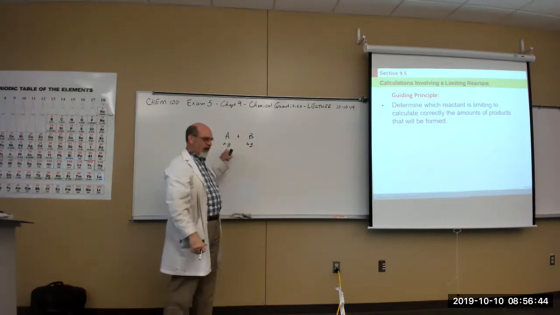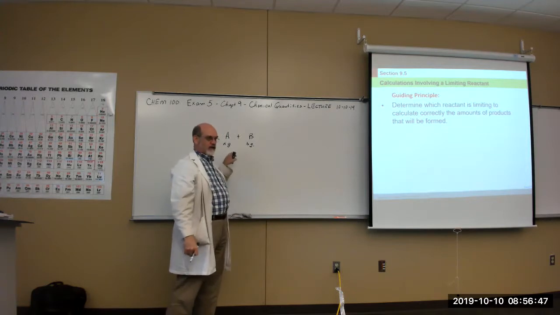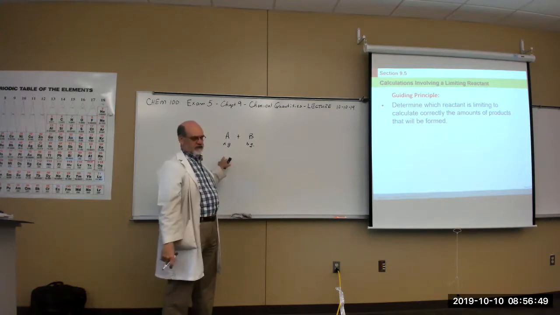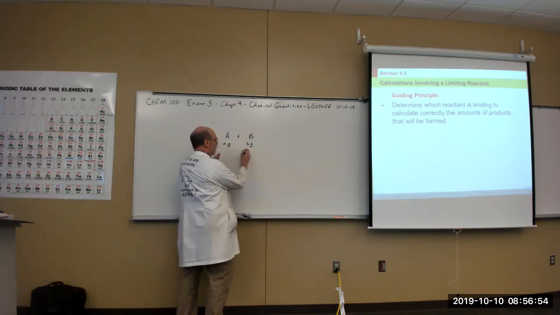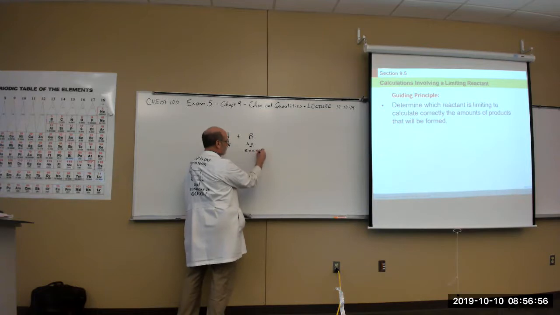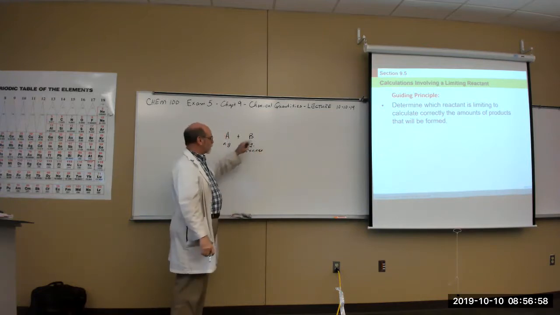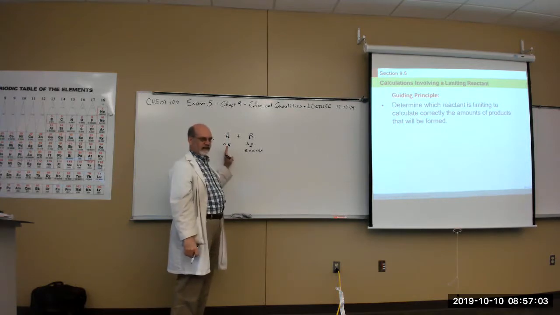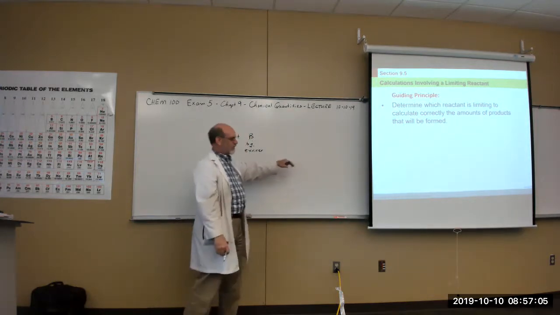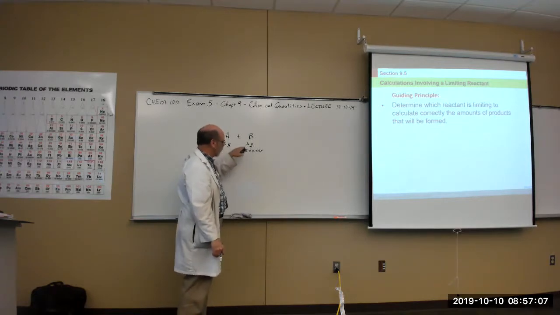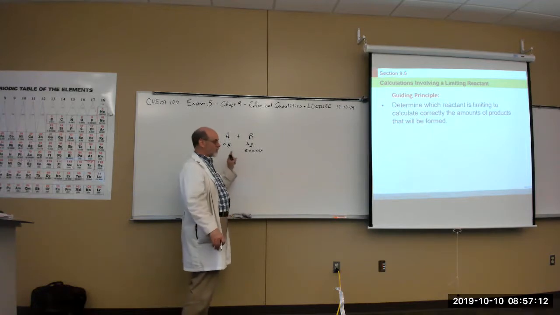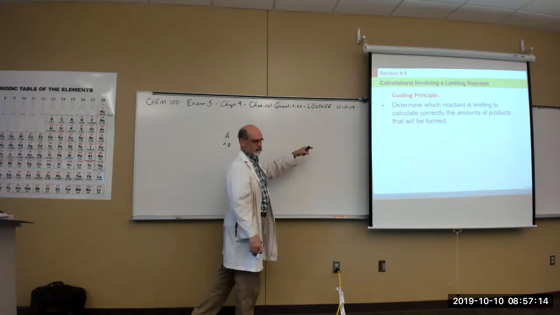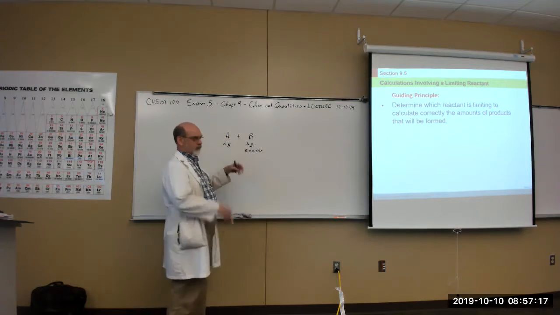If you're given 2 absolute values for each one of these, you can be pretty sure one of them is limited. If it says so many grams of A is reacted with excess, then you're off the hook. You got plenty of this one. You just need to focus on this one because it's going to be used up completely and give you product. But if you're given 2 absolute amounts of each one, now you got to figure out which one's limiting, because the limiting one is going to determine how much product you can produce. The excess one is going to be left over.